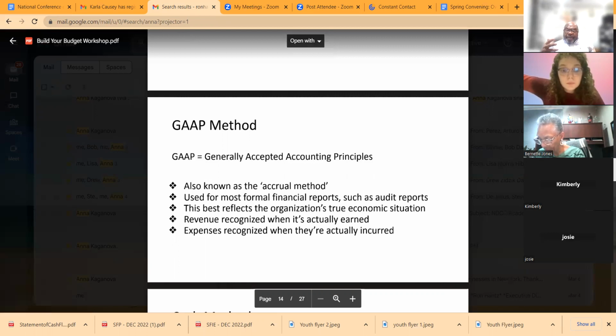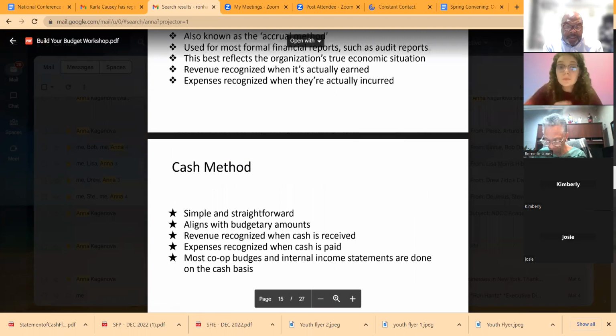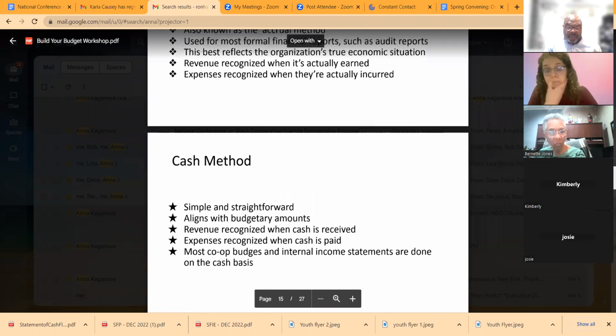And so that's what the GAAP method of accounting is, versus the cash method. Revenue recognized when cash is received is the cash method.